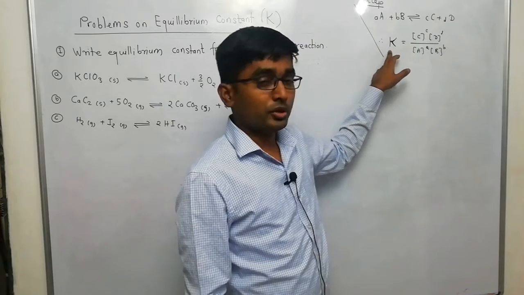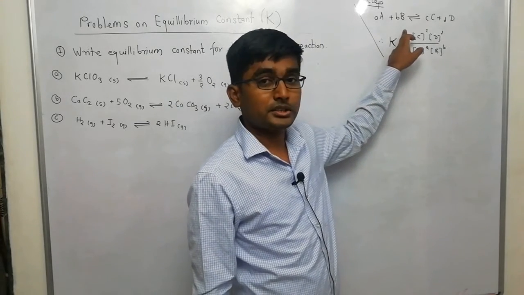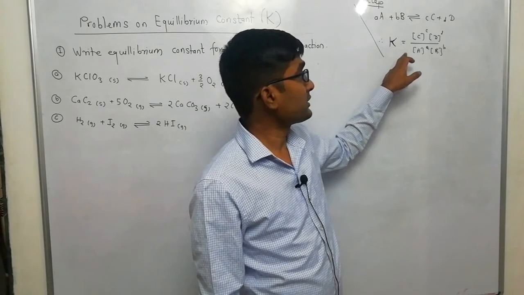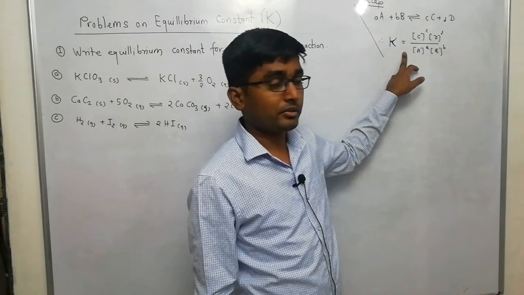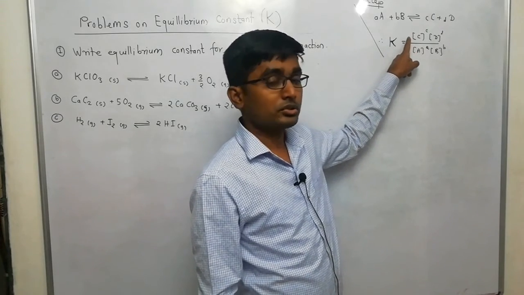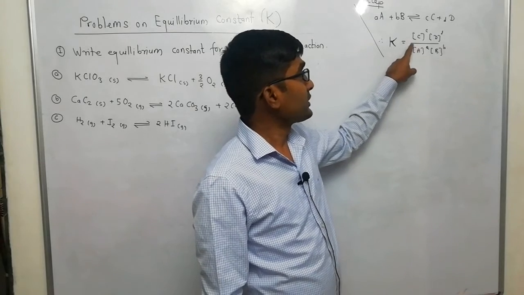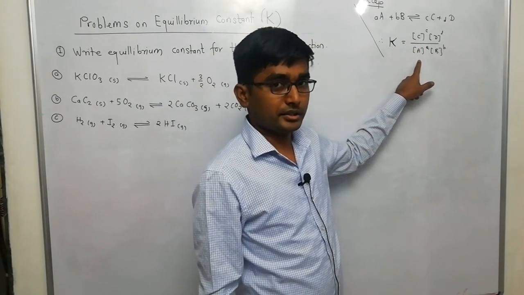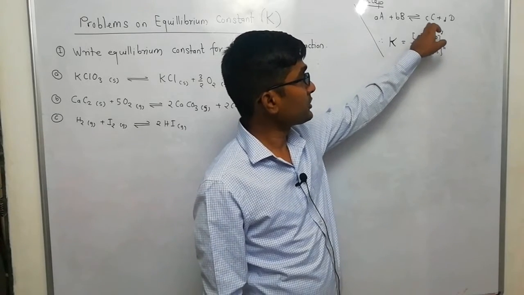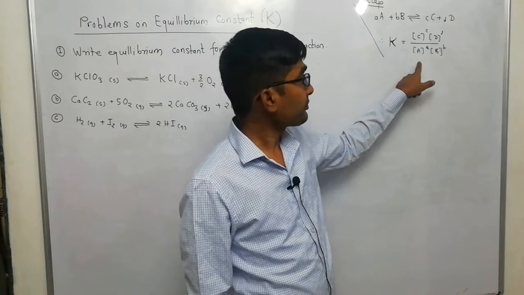Therefore the equilibrium constant capital K is nothing but the ratio of the rate of the forward reaction to the rate of the backward reaction, or the rate constant of the forward reaction to the rate constant of the backward reaction, which is equal to the concentration of products divided by the concentration of reactants. So C and D are the concentrations of the products, A and B are the concentrations of the reactants.